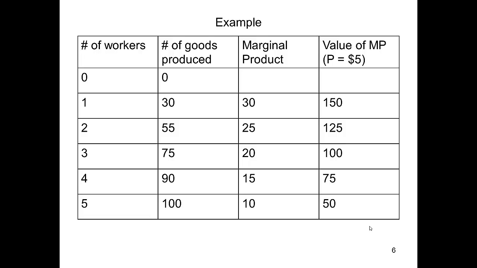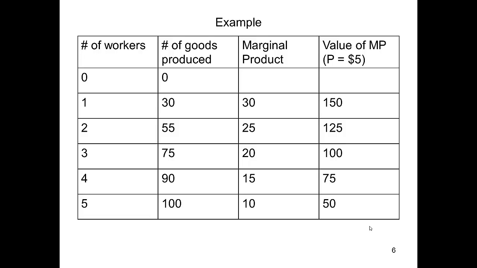We multiply that by 5 to get 150. If we are at 2 workers, we have total output of 55, and we see that the increment relative to 1 worker is 55 minus 30, and so the marginal product is 25. If we multiply that by the price of 5, that's 125. And we can keep doing that, adding more workers and seeing how many extra goods we get.